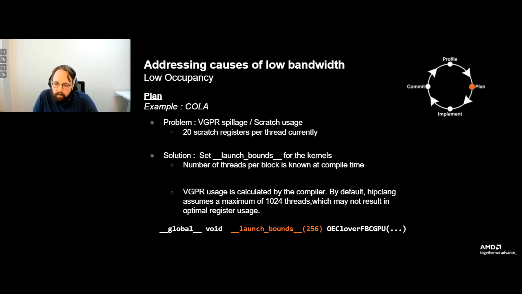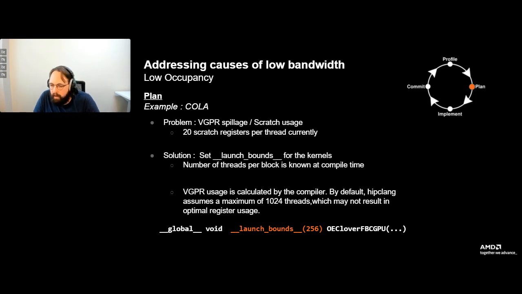It's highly recommended when you're writing your kernels that you use the launch bounds parameter. By default, the compiler assumes that the maximum number of threads per work group is going to be 1024, which changes a bit how the register usage calculation is done in the compiler.